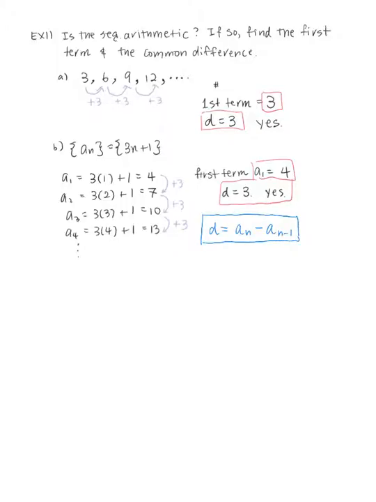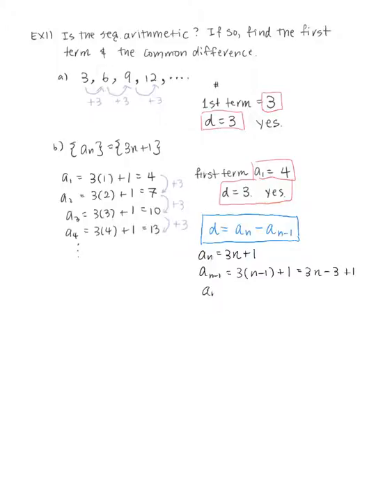So let's try to do this problem by using d equals a sub n minus a sub n minus 1 to see what we get. First of all, our a sub n is 3n plus 1. So a sub n minus 1 is 3 times n minus 1, plus 1, which is 3n minus 3 plus 1.